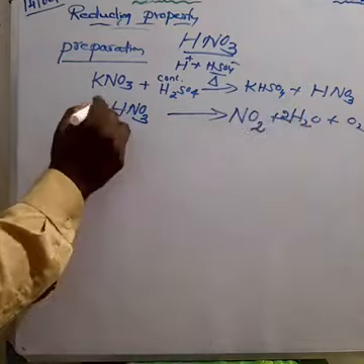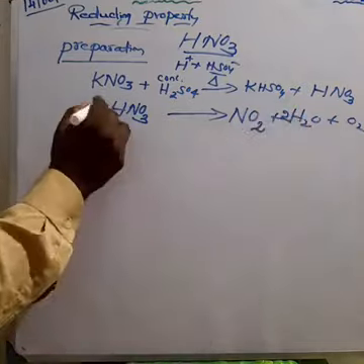To avoid the decomposition, the acid is condensed to a fuming liquid. The fuming liquid is colored brown. Why?